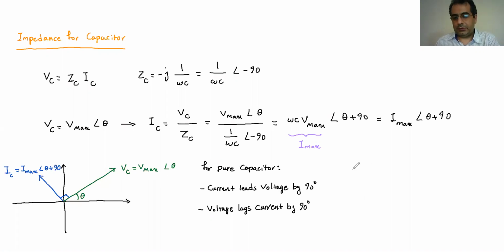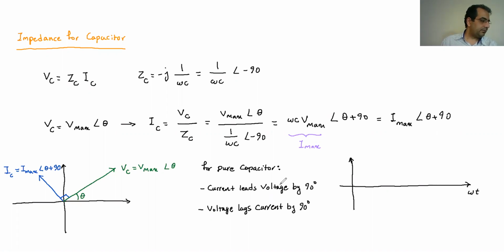Again, I'm trying to show you what this means. When we say the current leads, this is omega t, it means that whatever happened in the current, 90 degrees later happened for the voltage.